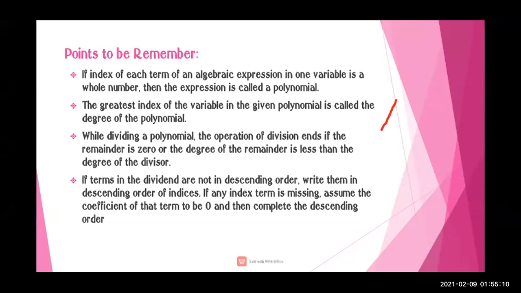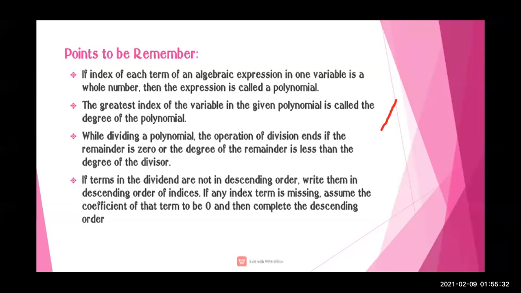If terms in the dividend are not in descending order, write them in the descending order of indices. See, if it is not written in descending order, what you have to do is arrange it in descending order.